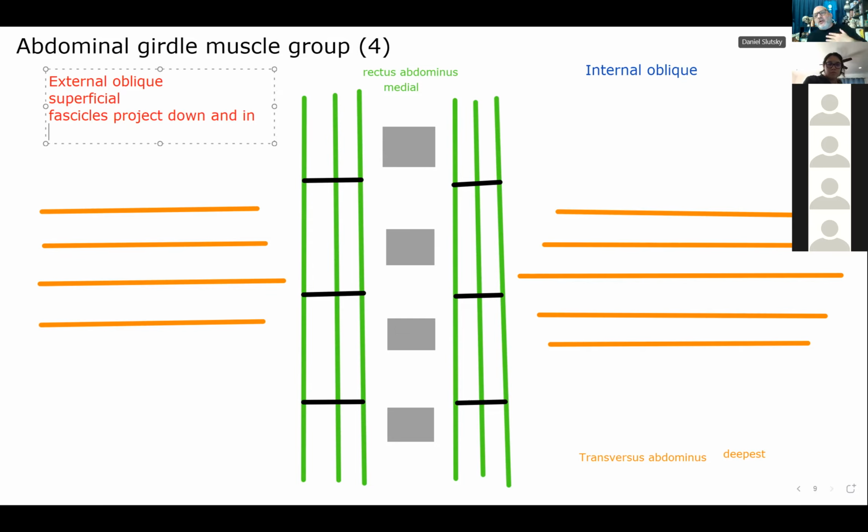Remember, in our intercostals, the externals are more lateral. Well, here in the oblique, our externals are more superficial, more superior. They actually cover the ribs and go all the way to the serratus anterior.